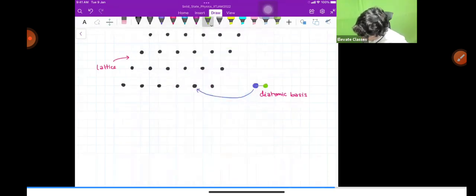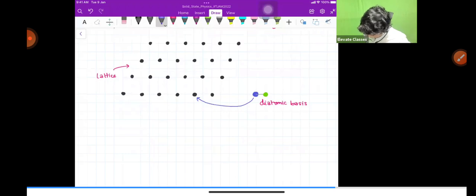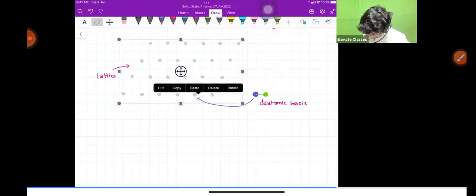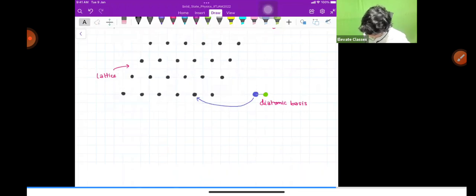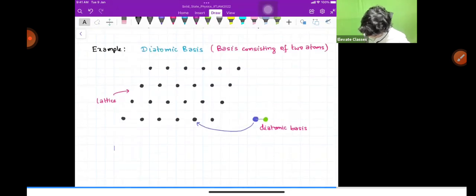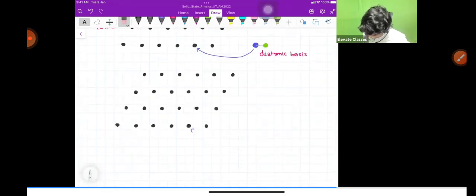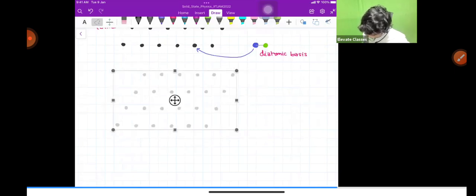I'll take this and reduce my work, paste it down below here, select all of them and change it to blue.